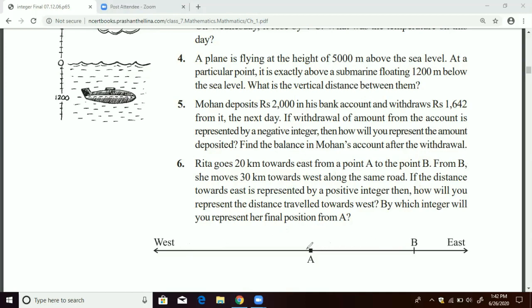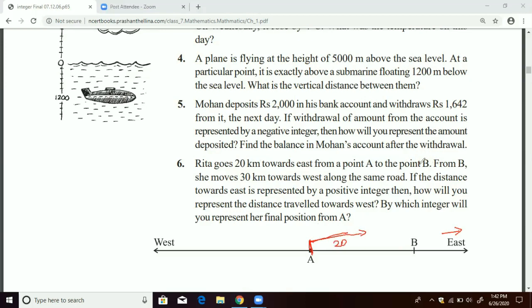Rita is a girl who goes 20 kilometers towards east. Here this is east, so towards this side she is going 20 kilometers from the point A, the starting point.